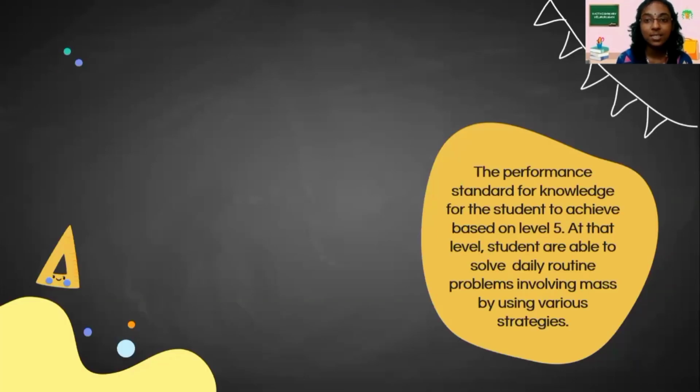The next is about the performance standard for knowledge for the student to achieve based on level 5. At that level, students will be able to solve daily routine problems involving math by using various strategies.